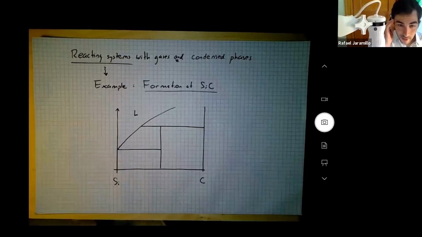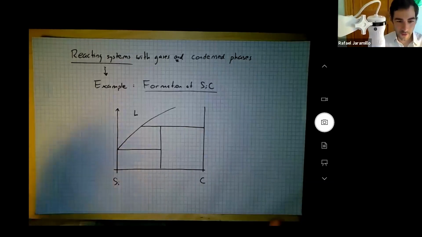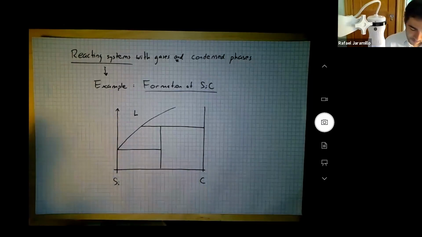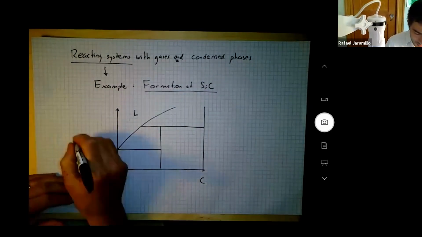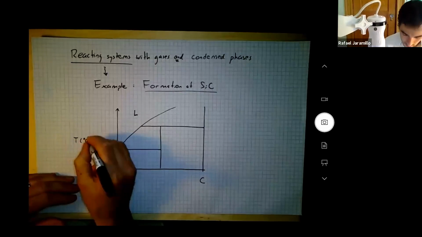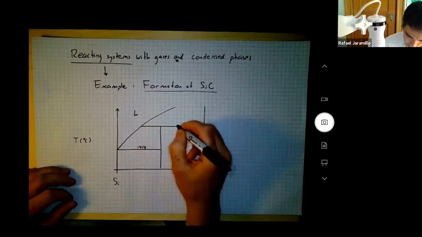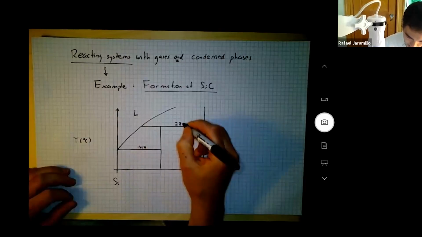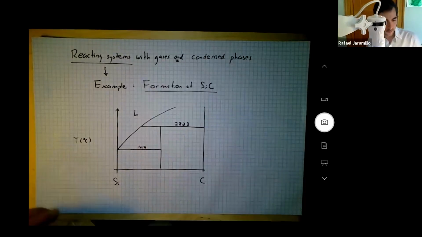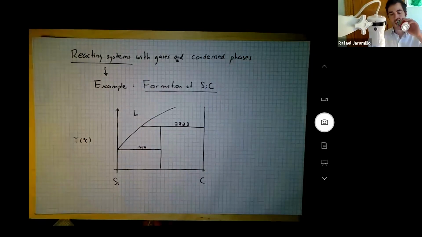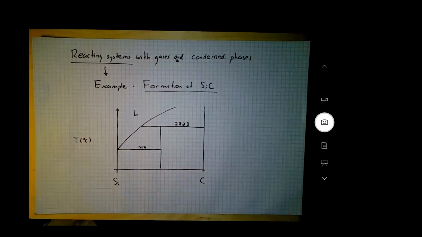Before I label the solid phases, how many solid phases are there in this diagram? You should be able to read a diagram like this by now. Three solid phases. Silicon carbide is a line compound here.